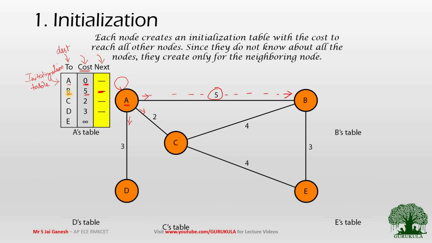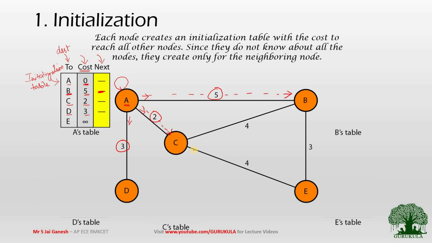So B is a directly connected node to A, and A can reach C with a cost of 2, and that can be depicted in the figure. Similarly, A can reach D with the cost of 3. We could see all these things in the figure, and we could also observe that A could not reach E, at least at the initialization stage.